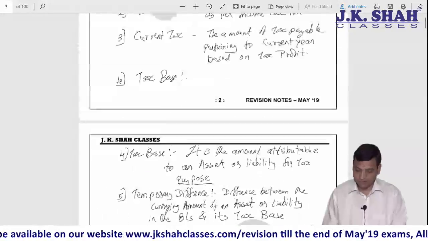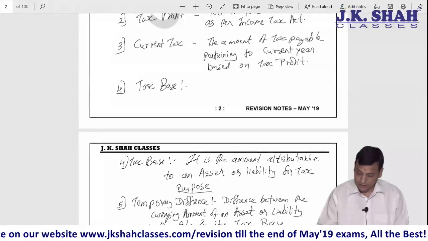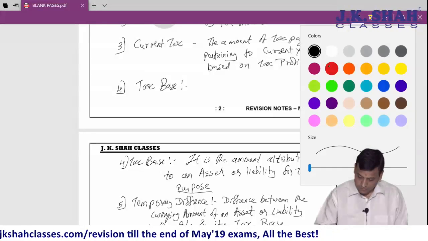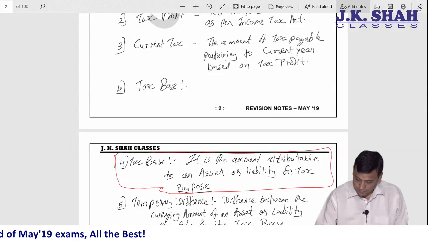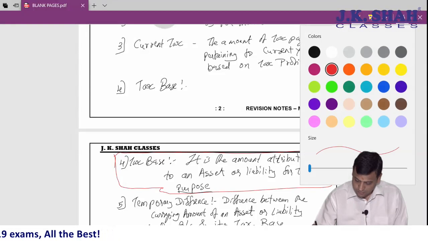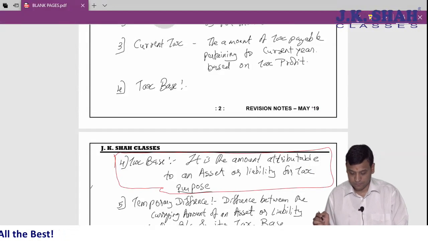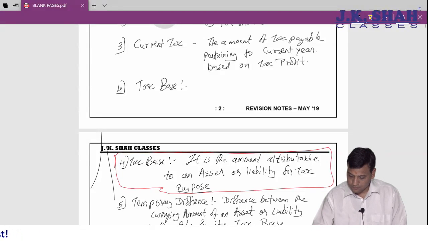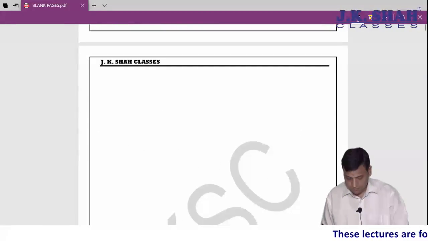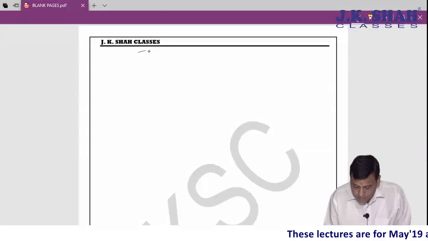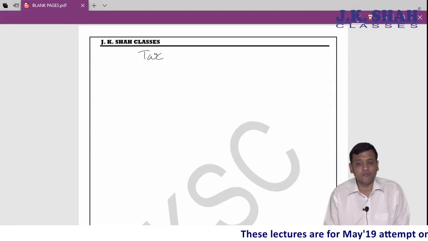Yeah. I had to explain you something more about this area. Tax base. We'll just extension of what we were learning.